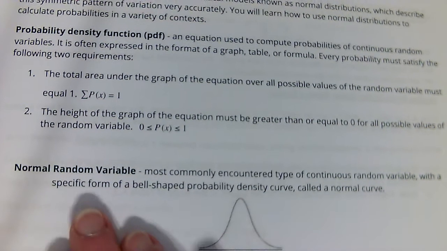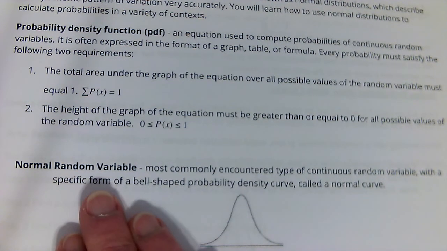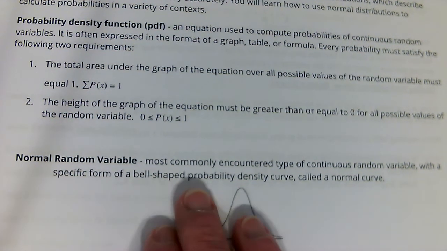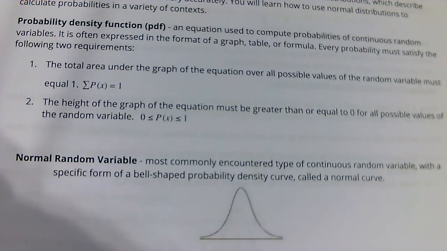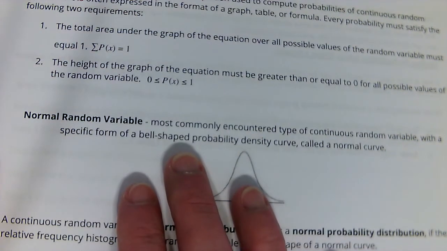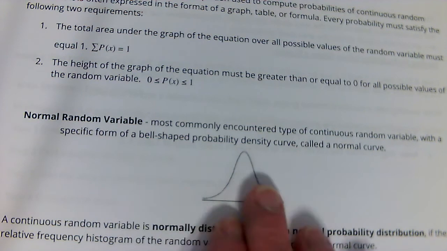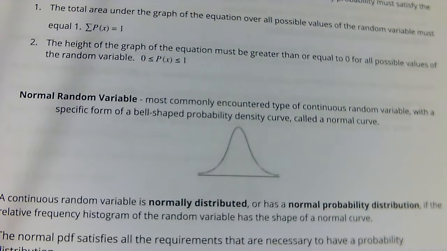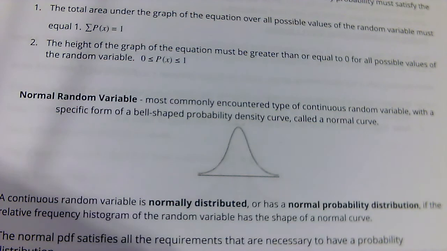Now, when we call it a normal random variable, normal curve, this is the most commonly encountered type of continuous random variable. It's going to have this beautiful bell shape. This is called a normal curve.